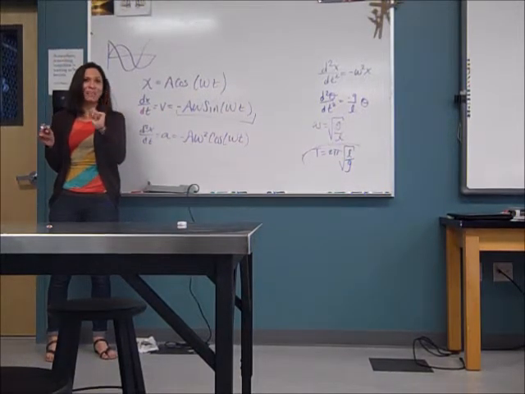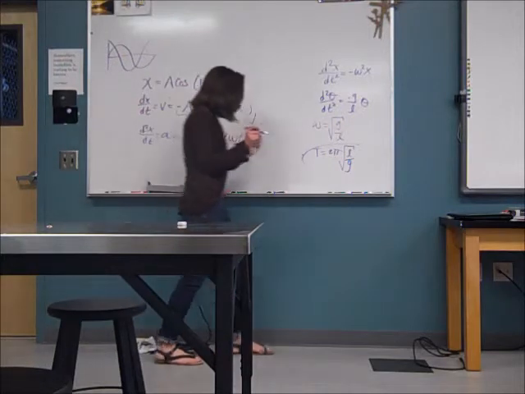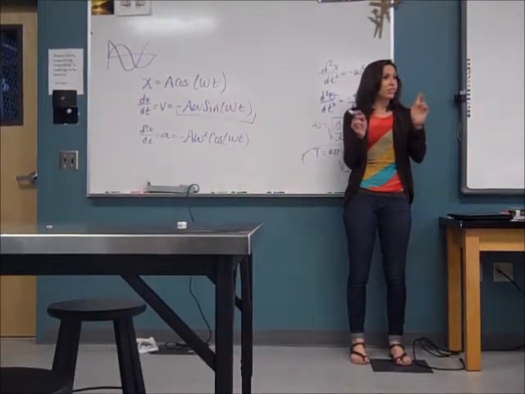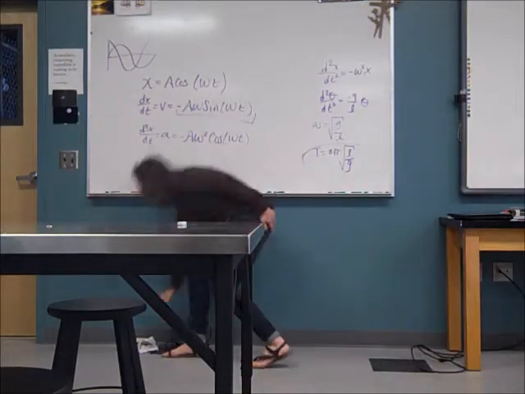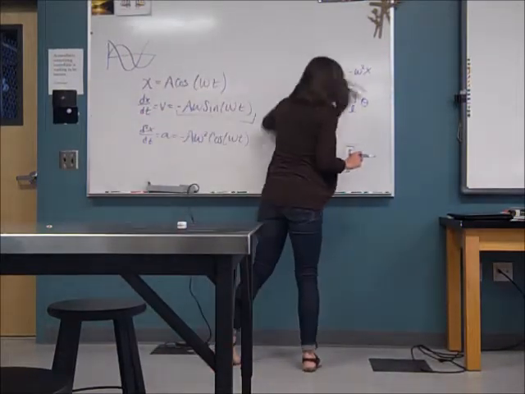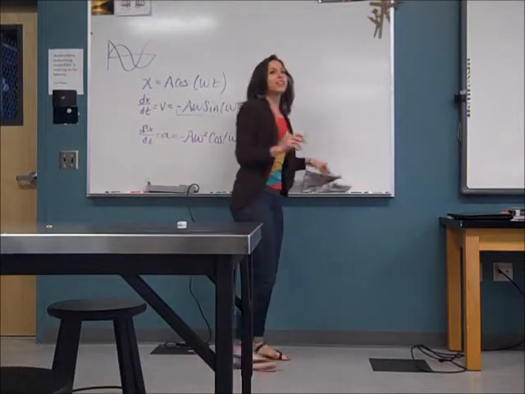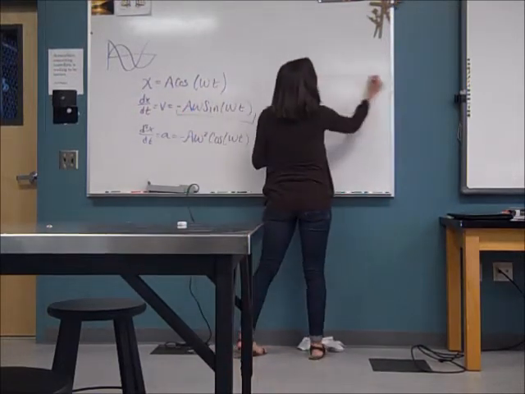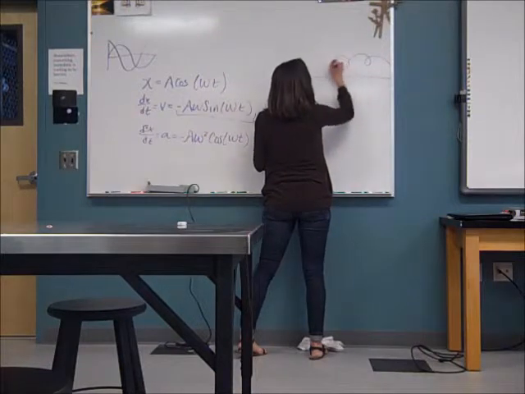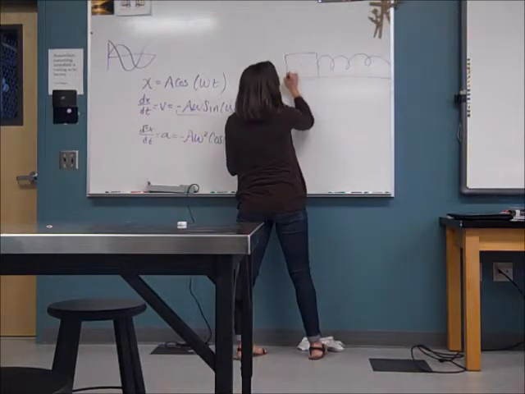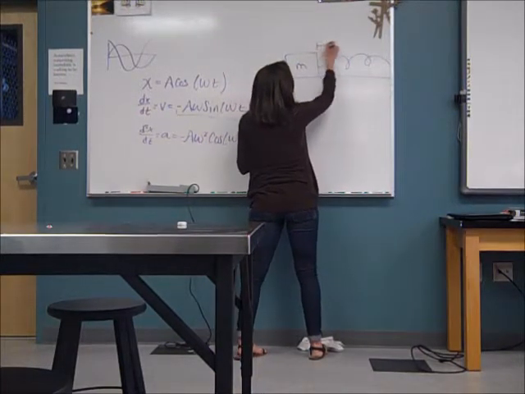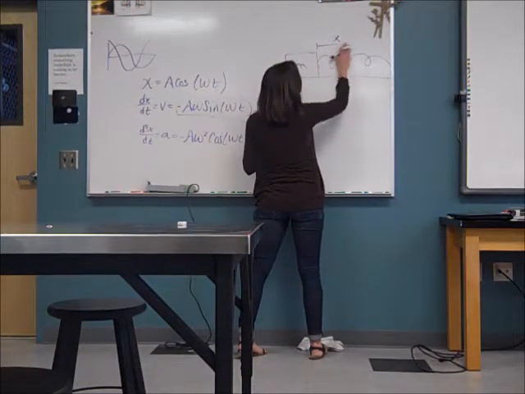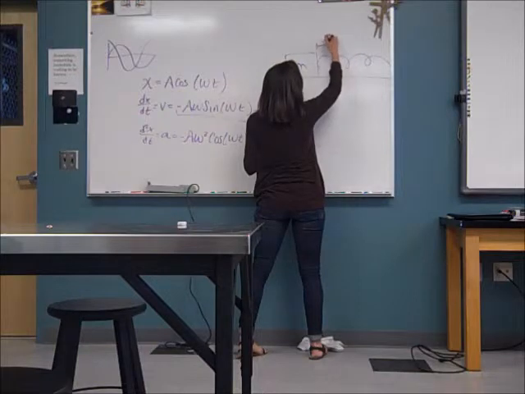Okay, let's think about it in a different way. Let's say that we're going to use energy considerations. You've got a mass on a spring. Forget simple harmonic motion, and let's just go back for a second, to last semester. You pull it back some distance x away from equilibrium.